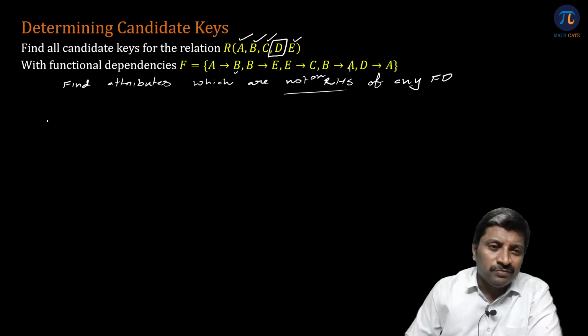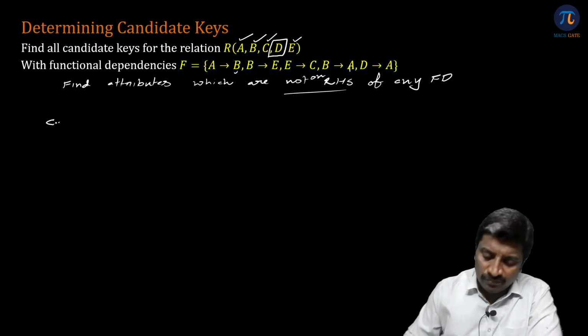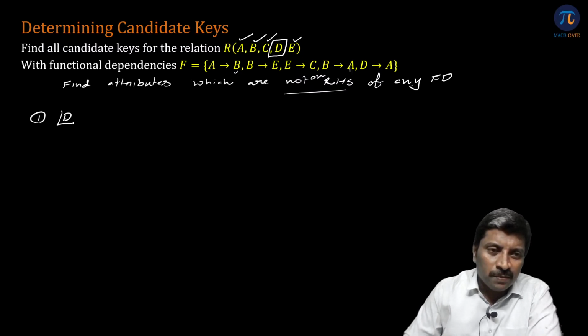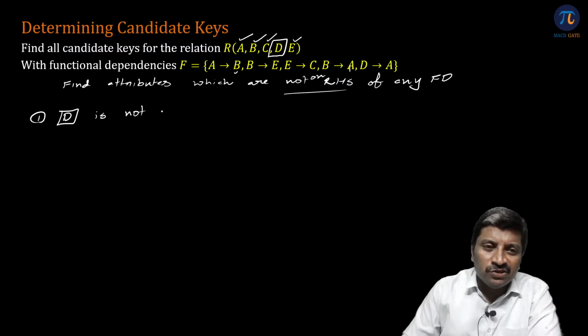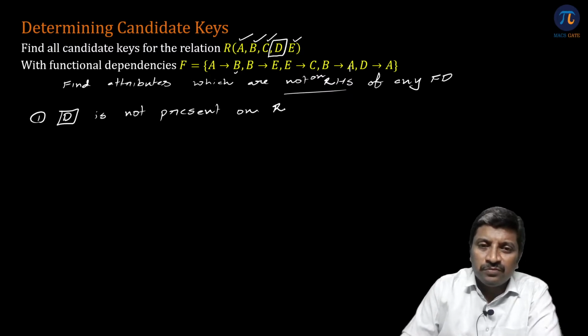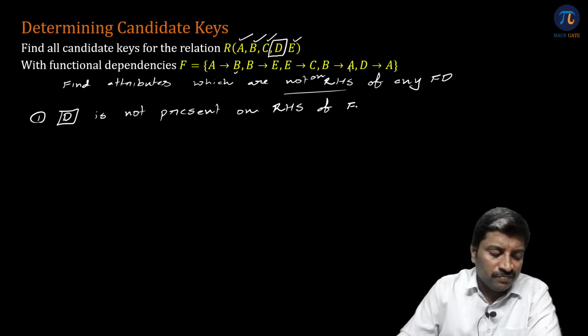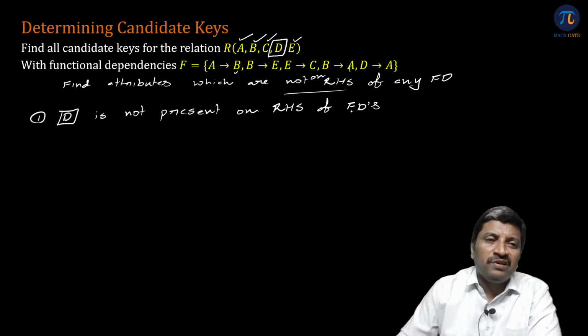That means let me give two conclusions. The first one: D is not present on the RHS of FDs.